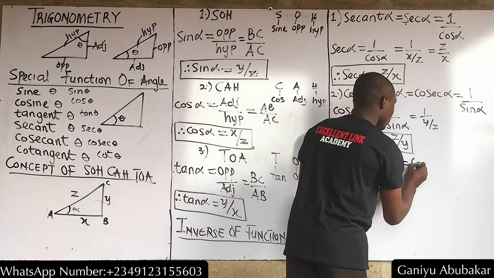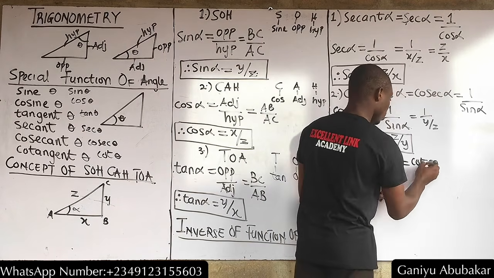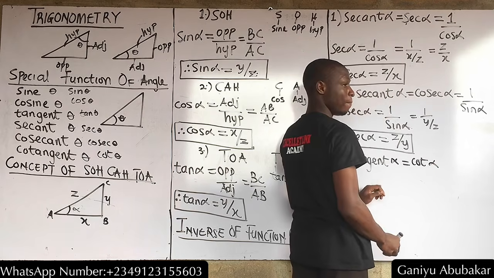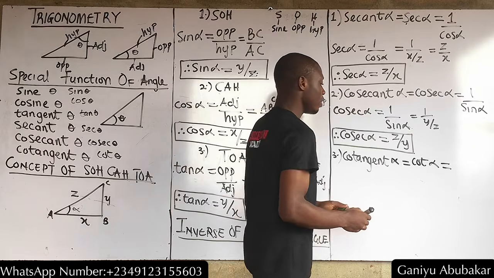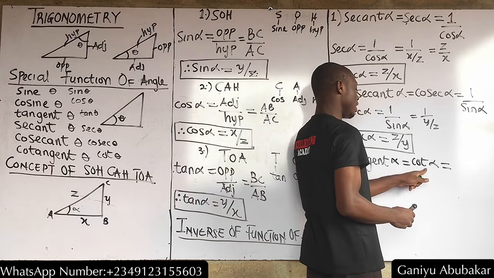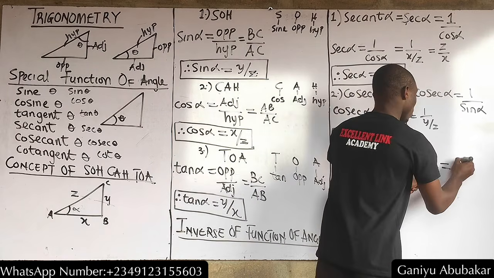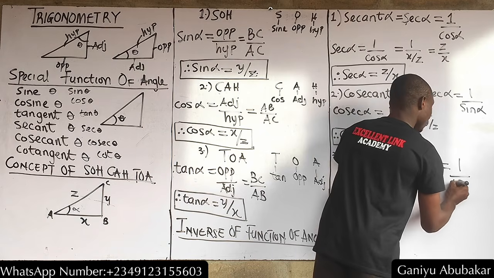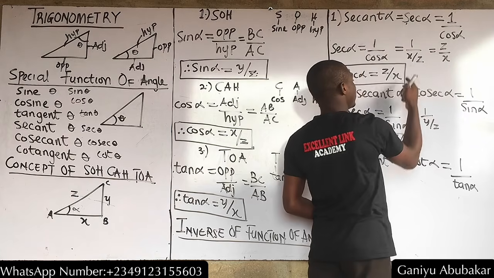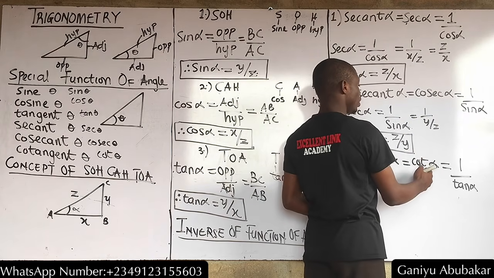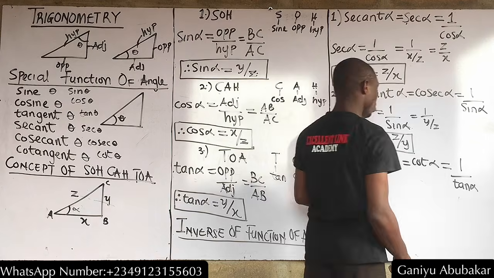So have cot alpha. So when it comes to cot alpha, this becomes 1, 2, 3. This is tan. So this becomes 1 over tan alpha. Just count 1, 2, 3. This is 1, 2, 3. 1, 2, 3. So the last stuff becomes their ratio.